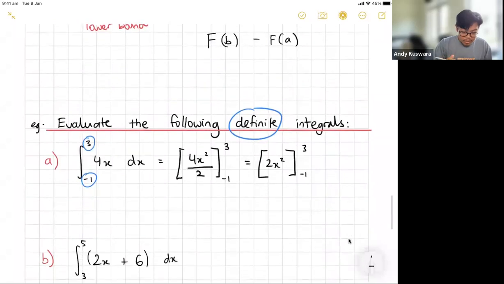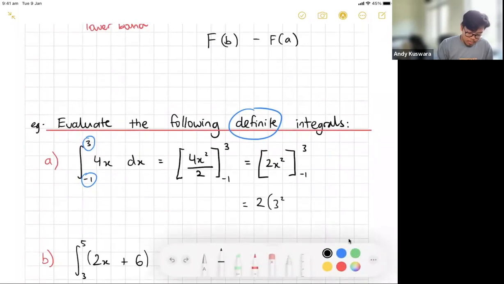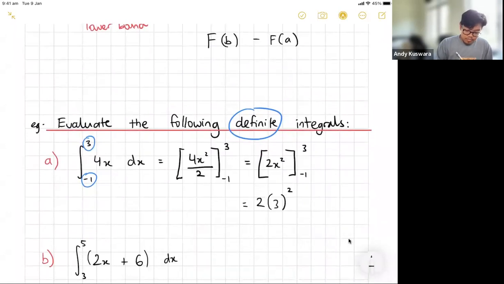So all that really means is I'm going to have 2, and then instead of writing x squared, I'm going to substitute in 3 squared. Or sorry, I should put the brackets here. 2 times 3 squared. And then I'm going to take away what would happen if I substitute in 2 times -1 squared.